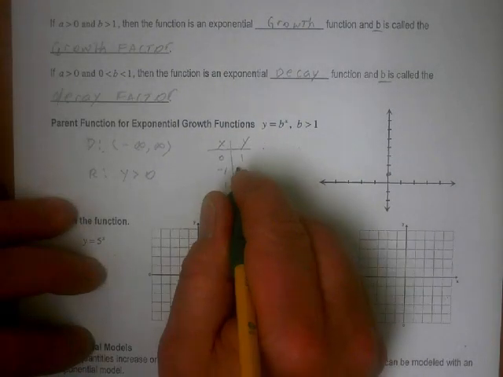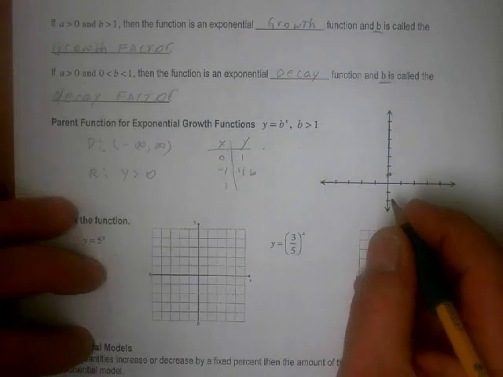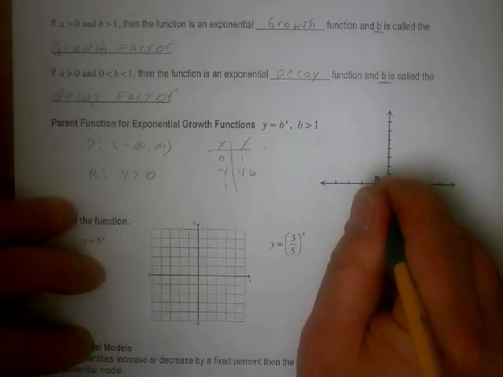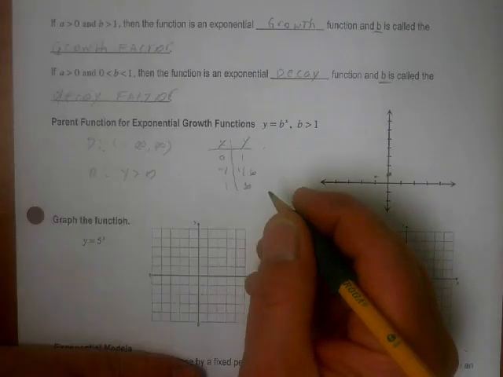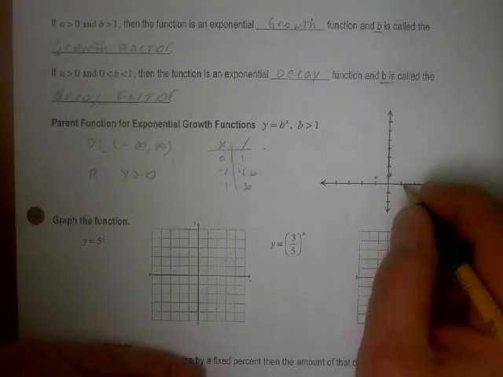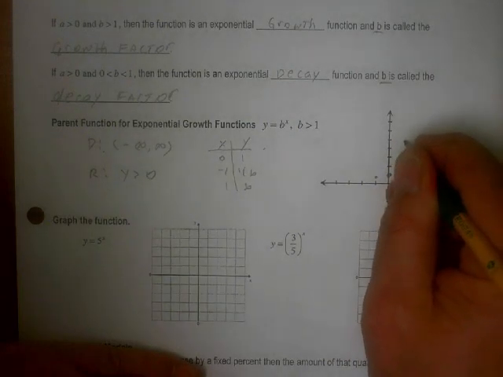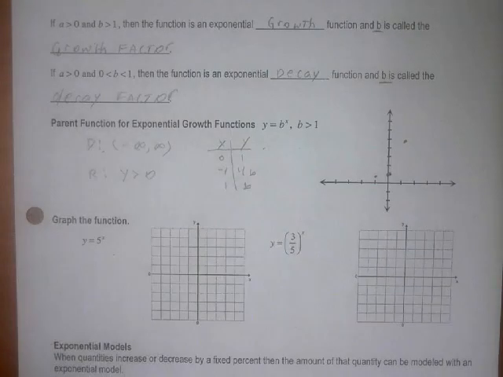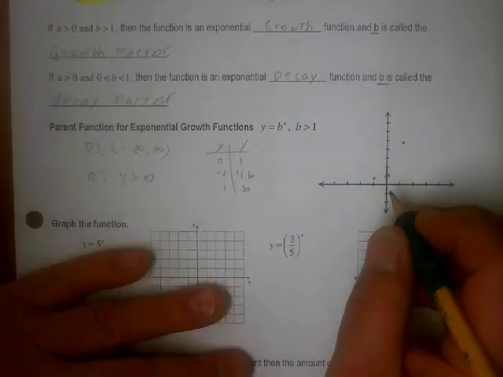If I put a negative 1, what you get is 1 over b. Now that point's going to be right here someplace. And if I put in 1, I get b. And that point is going to be up here someplace. I say someplace because it's not an exact number, because we have to consider whatever the value of b is.